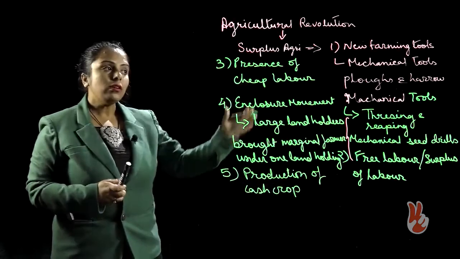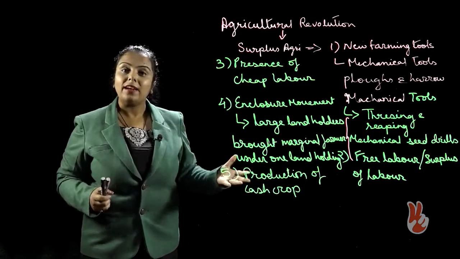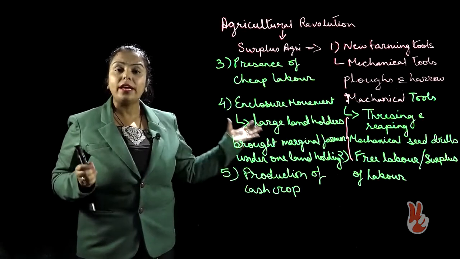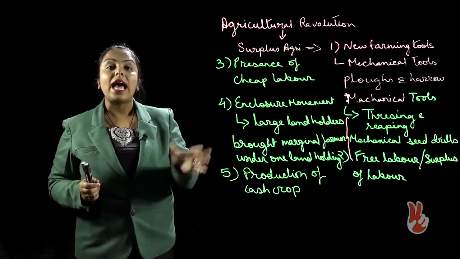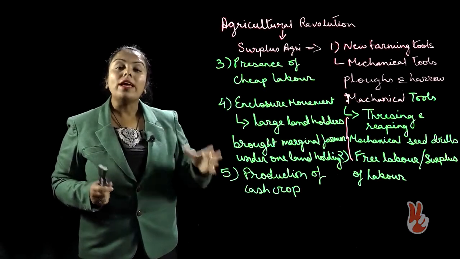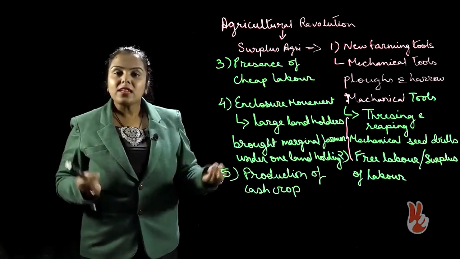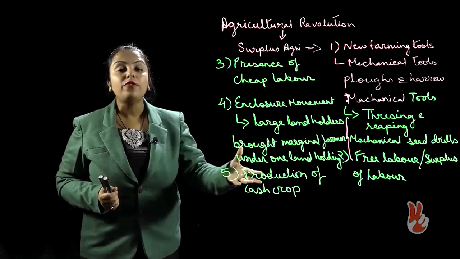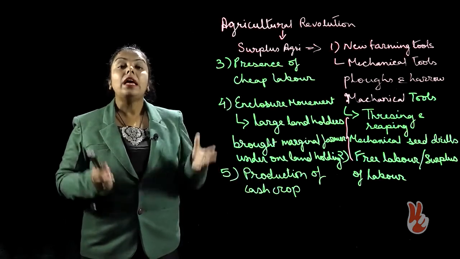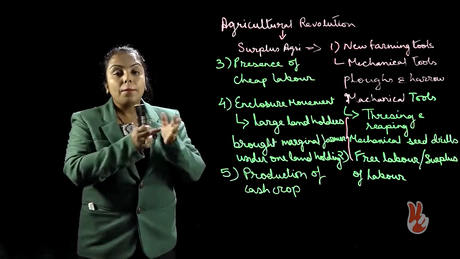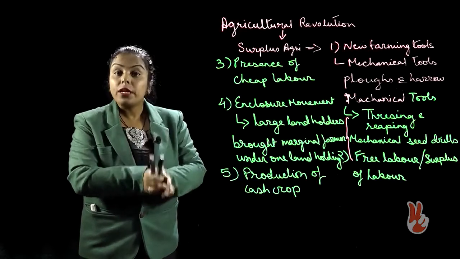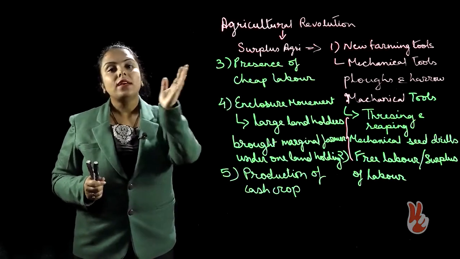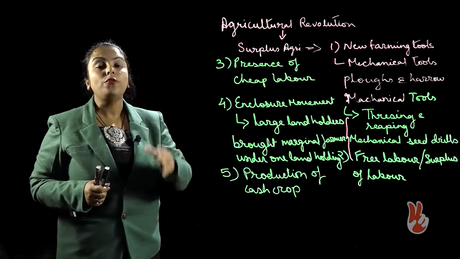This whole set of land, which was earlier divided into small land holdings, was brought under the state, and cash crops were grown in large numbers. The industries set up in Europe needed these cash crops. There was demand for them, and finally Britain itself became the major exporter of finished goods, because large amounts of cash crops were pushed towards the industries and finished goods were produced.